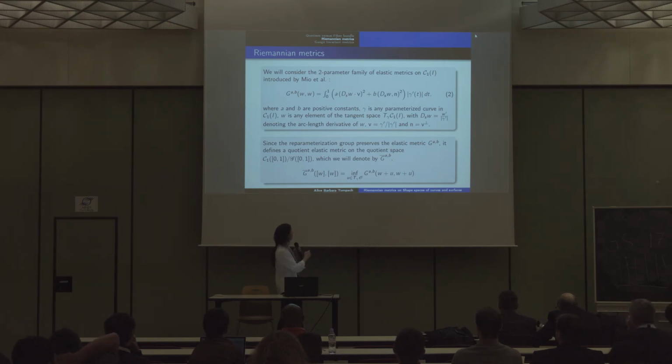It's defined on orbits, and you have to take the infimum of the metric where you take the representative of your tangent vector to the orbit, and you add an element tangent to the orbit of the curve gamma.